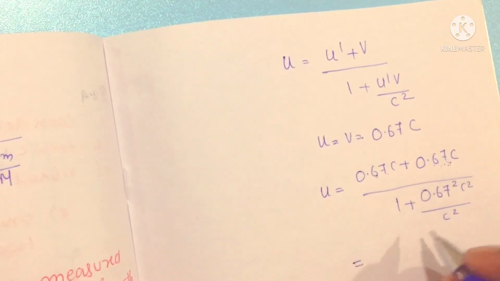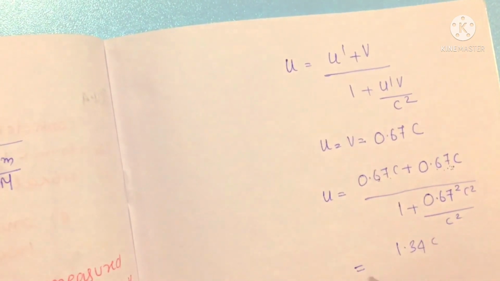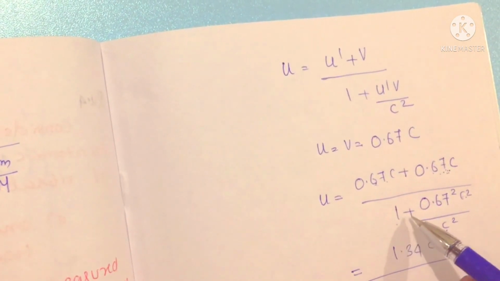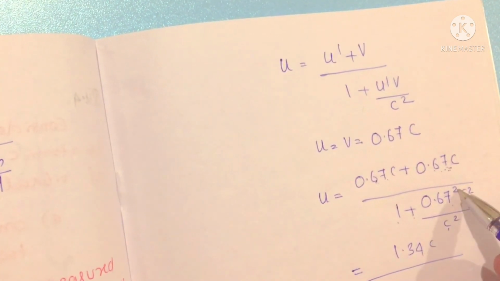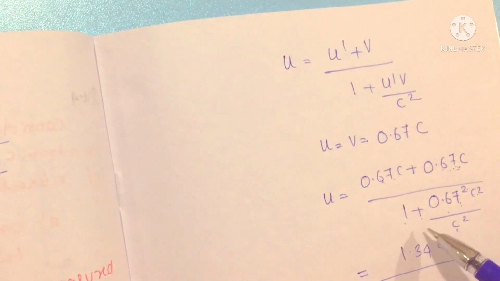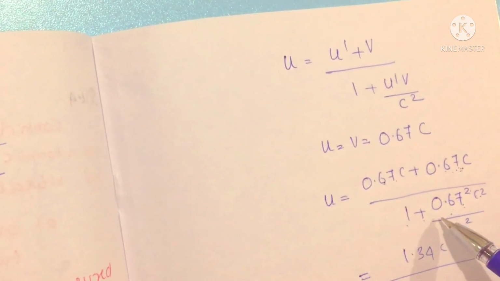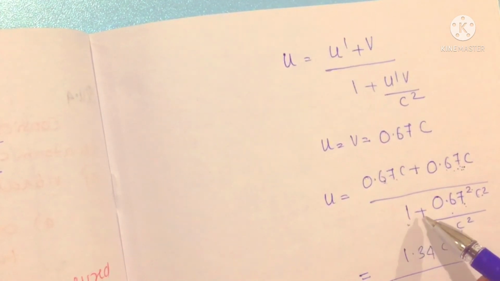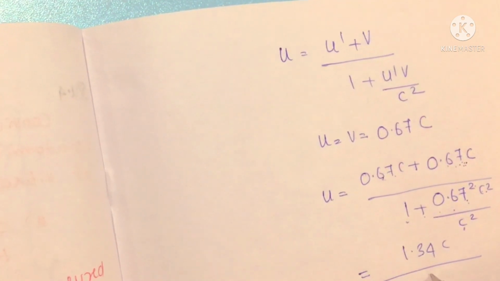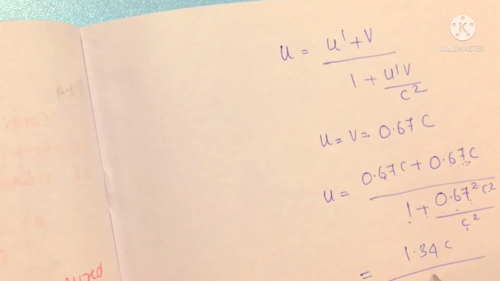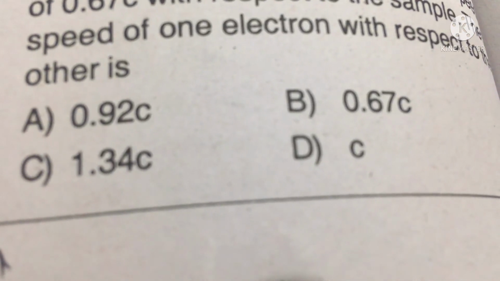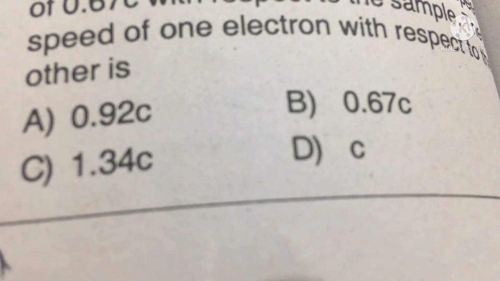That is 1.34c divided by 1 plus 0.67 squared. 0.67 is less than 1, so the denominator should be 1 point something. So the answer should be less than 1. We can check the answer. So option A and option B are possible. The answer should be A.